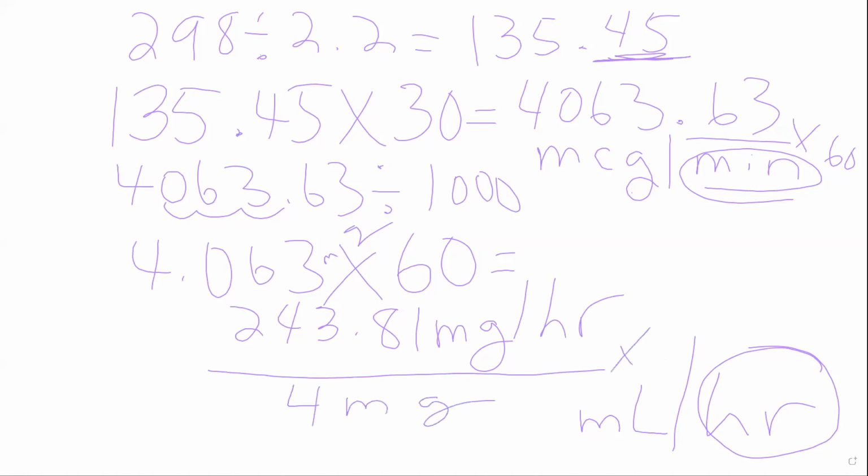What we have is 4 milligrams per ml. Again, depending on your author, whether they'll leave that at 60.9 or round it to 61, because that would be your next round.